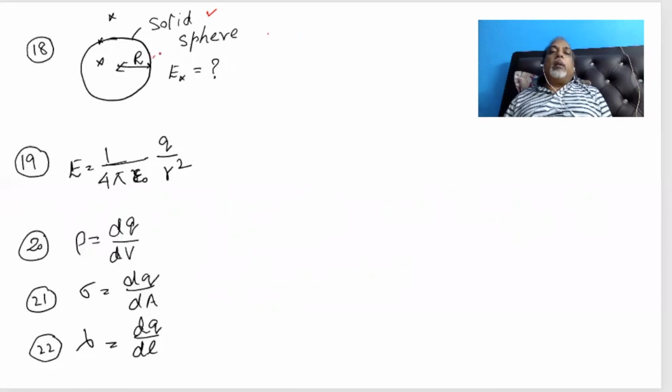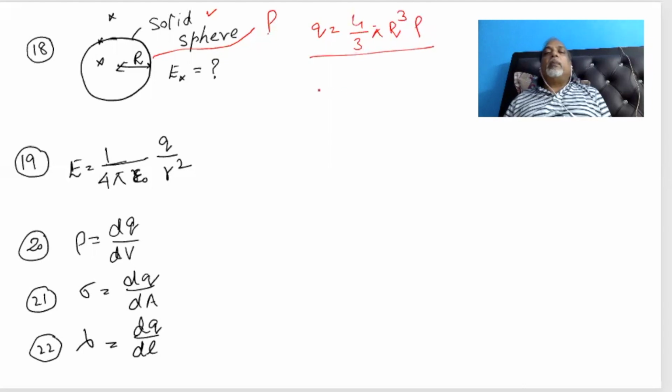Here volume density will be there, and Q will be 4 by 3 pi R cube rho. Again, when r is greater than R, the electric field is 1 by 4 pi epsilon 0 Q upon r square.